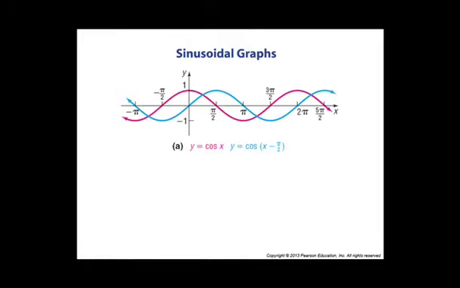Now we have two different graphs here. We have one that's a cosine of x, and then we have one that's a cosine of x minus pi over 2. What that is actually saying is that it's called a phase shift, meaning that it moved across the x-axis by a shift of negative pi over 2.